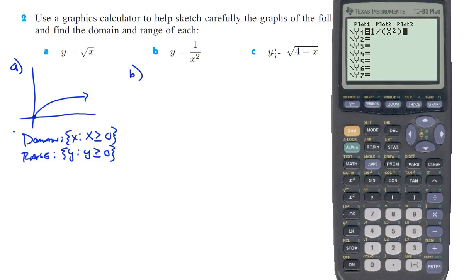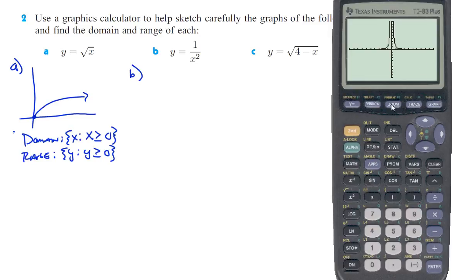And if you have more than one thing in the numerator of a fraction, you want to put that in parentheses as well. So we've already zoomed to the standard frame, so we're just going to hit graph, and now it's going to regraph that one. It looks kind of hard to tell, but this actually goes forever and ever that way, forever and ever that way.